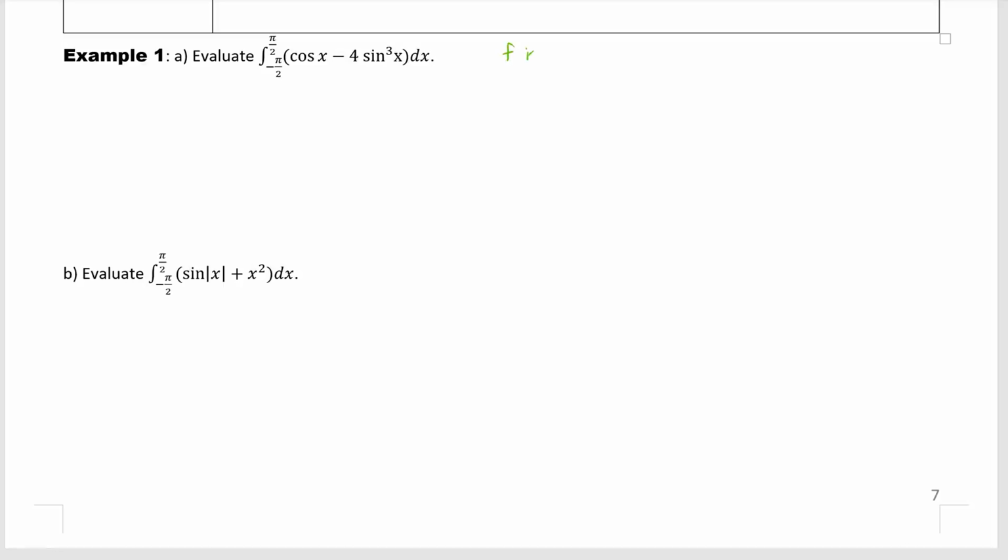A function is even if f of minus x equals f of x, and a function is odd if f of minus x equals negative f of x. An even function is symmetric about the y-axis. An odd function is symmetric about the origin.